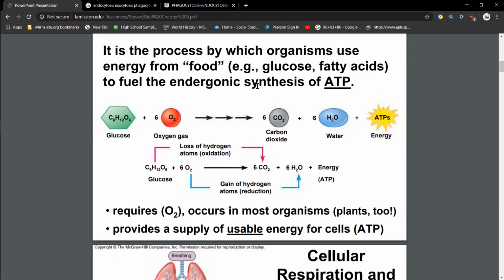Well, these same sugars are transported to mitochondria to create ATP. This provides a supply of usable energy for the cells. The glucose molecule itself, cells can't really use for energy, but ATP they can use. That's why they turn it into ATP.